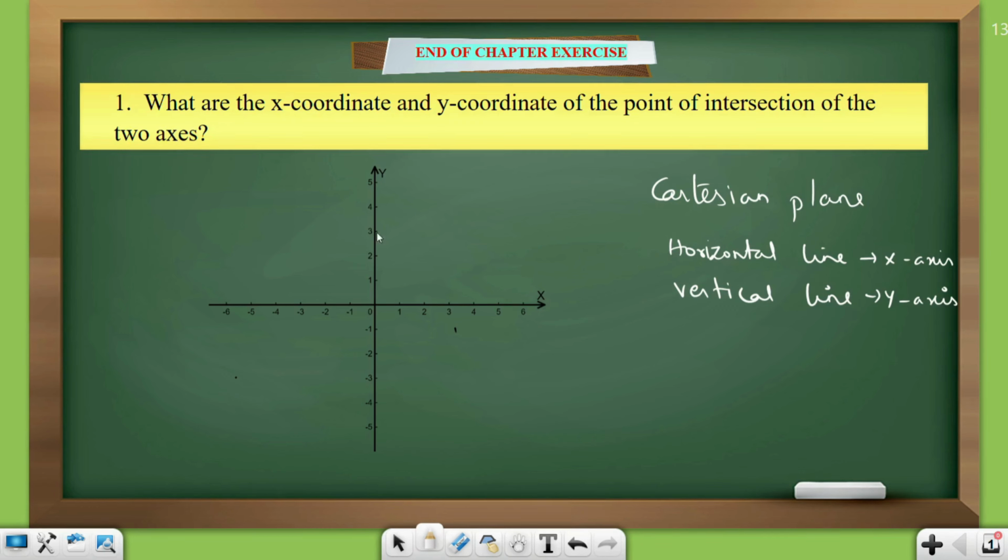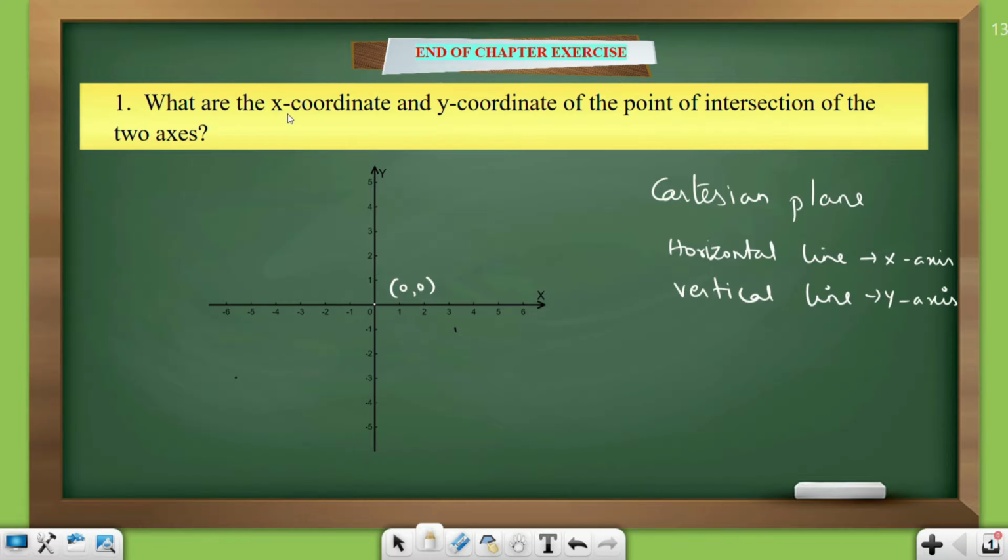Here we have the x-axis and y-axis, which intersect at only one point. Based on this point, we decide plus or minus values on either side of the axes. Here the point of intersection is assumed to be 0 comma 0, where the x coordinate and y coordinate are both zero.